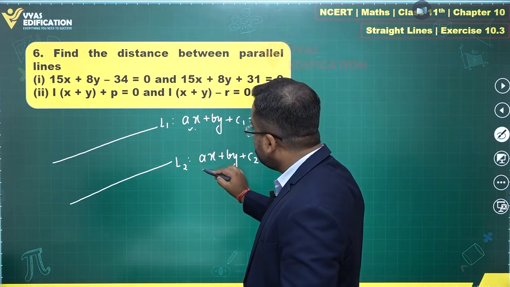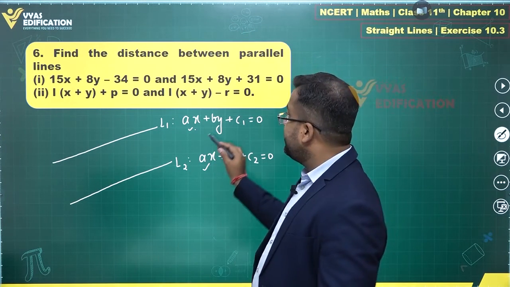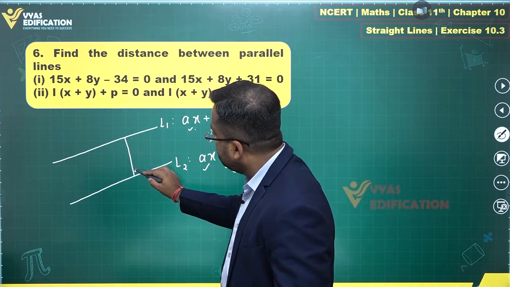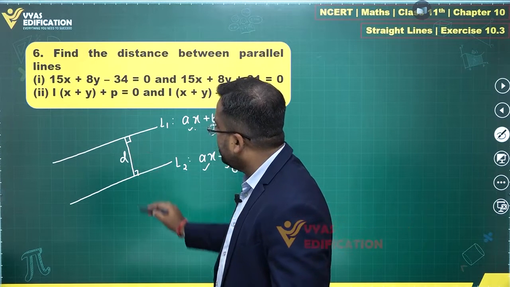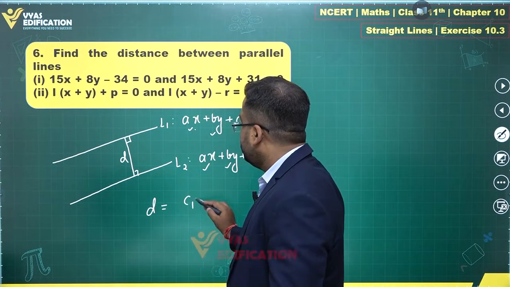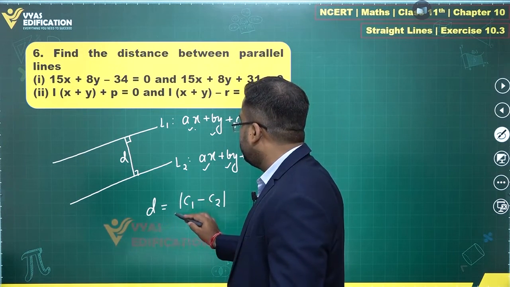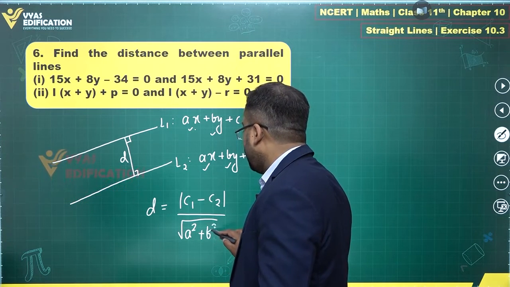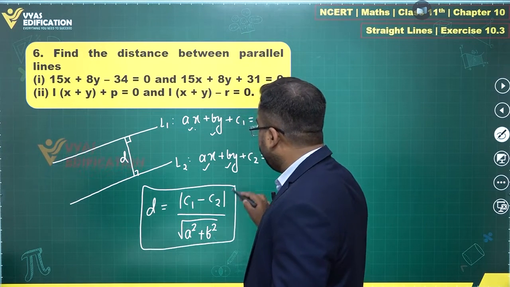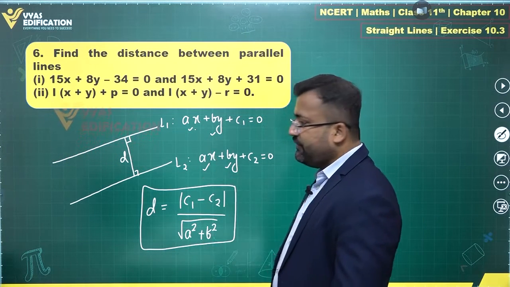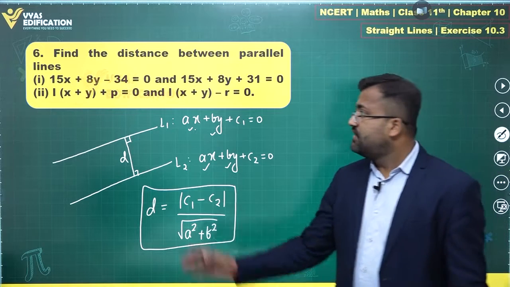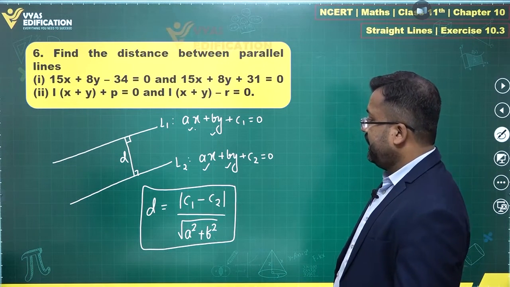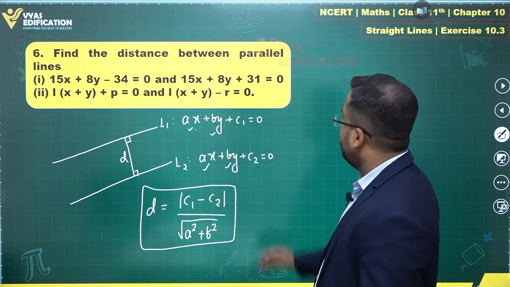If the coefficients are exactly the same for x and y, the constant terms will differ, and the perpendicular distance d will be equal to modulus of c1 minus c2, upon the square root of a square plus b square. Don't be confused: a and b are the same, therefore a square plus b square will be the same, and any equation can be used here. So that's the distance between these two parallel lines.